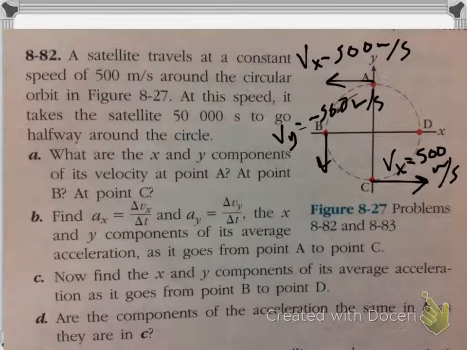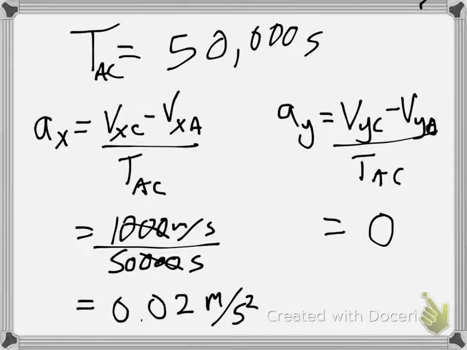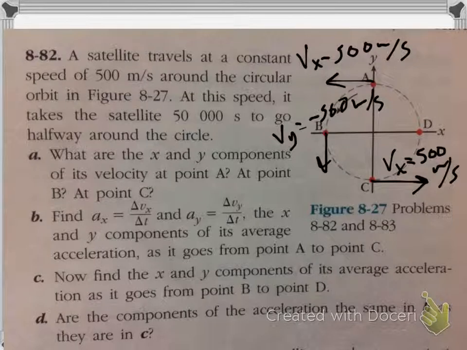Okay, then for C, now find the x and y components of its average acceleration as it goes from point B to point D. So the idea should be similar, right?